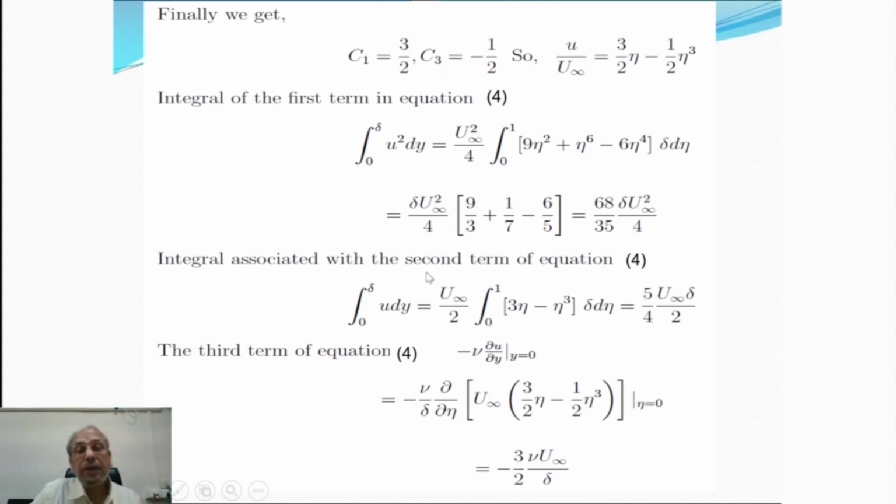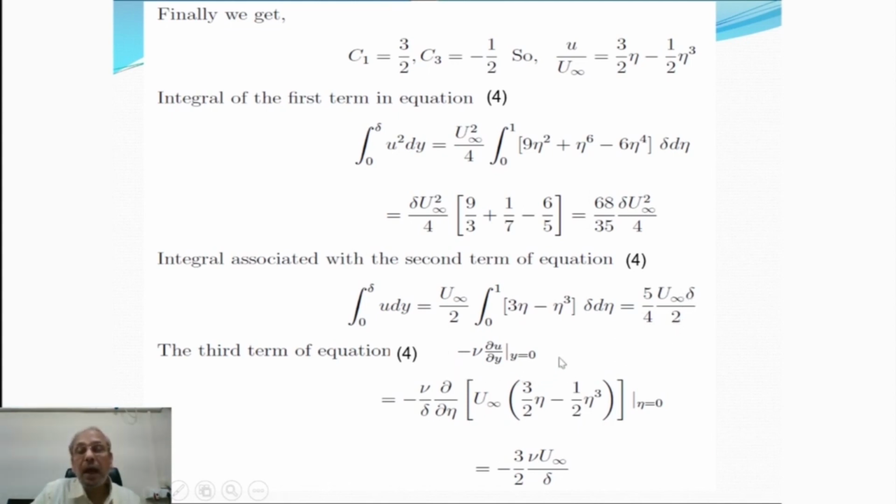Similarly, for the integral associated with the second term, 0 to delta u dy, this will be u infinity by 2 times the integral from 0 to 1 of 3 eta minus eta cube, delta d eta. So we get 5 by 4 u infinity delta by 2.